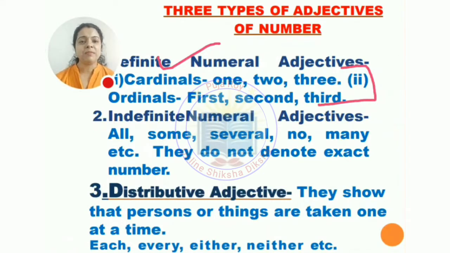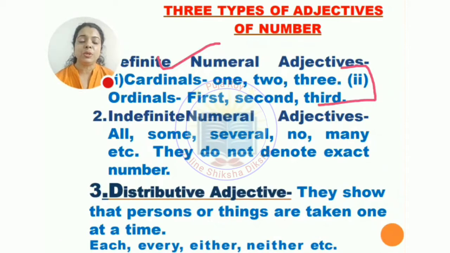Maybe I was having only 2 pens, maybe I was having 100 pens, but I have taken all the pens. But the number is not fixed here. As the number is not fixed, that's why it is taken as indefinite numeral adjective. I hope you understood. When the number is fixed, it is definite numeral adjective. When the number is not fixed, it is indefinite numeral adjective.